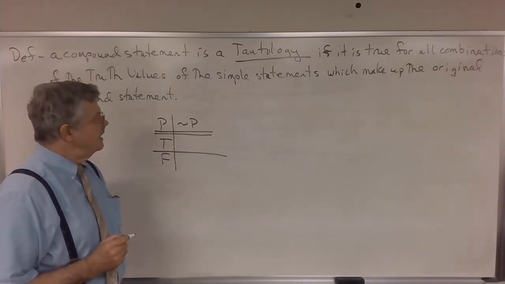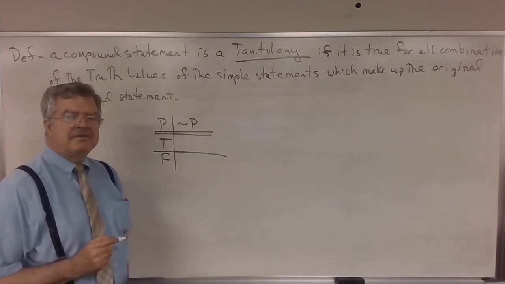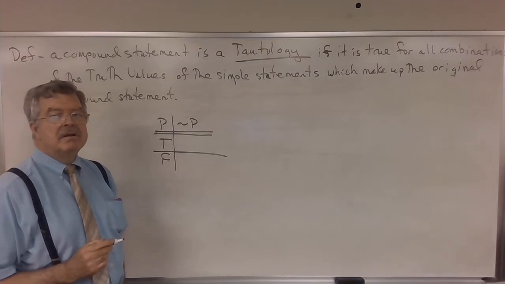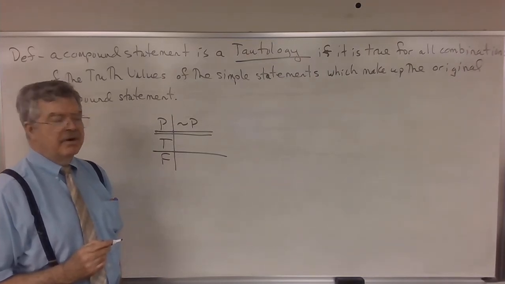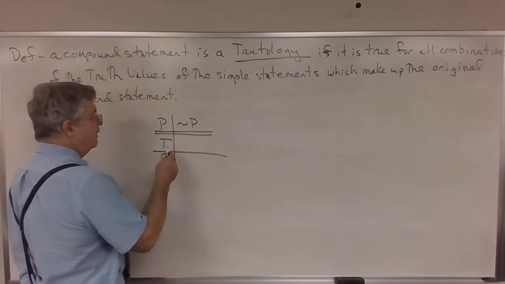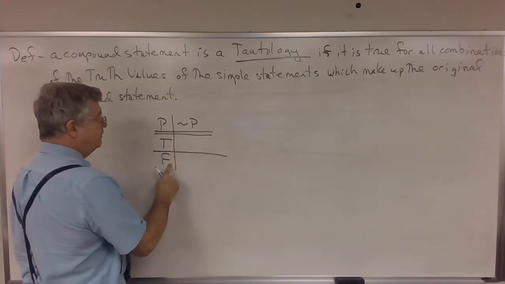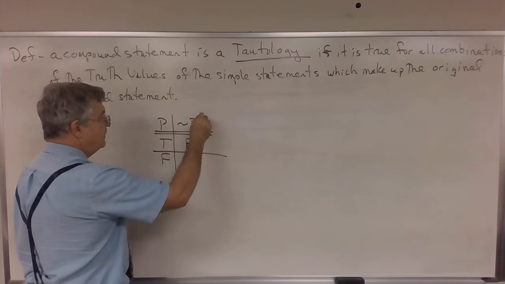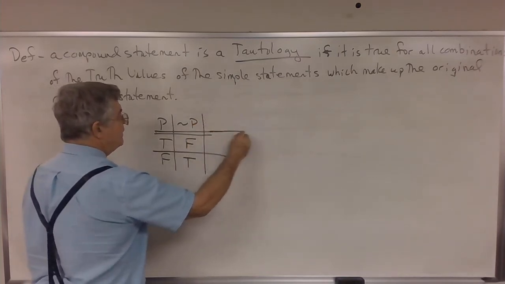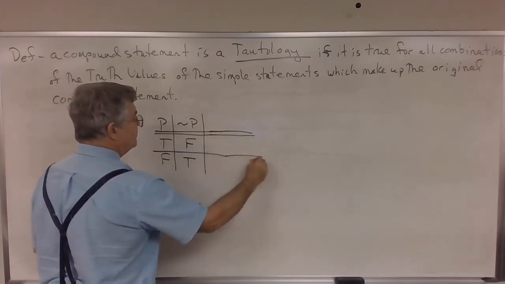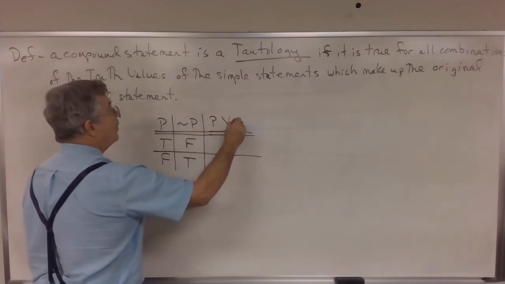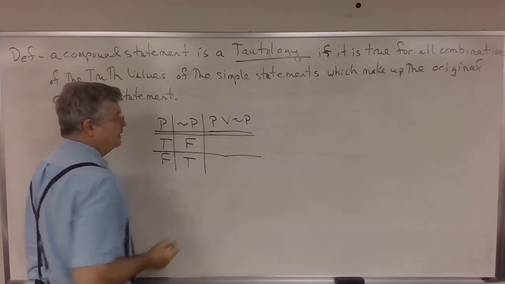But this time, instead of doing a conjunction or an and, let's do an or, okay? So the negation changes the truth values, true to false, false to true. And here's the statement that's going to be our tautology. P or not P.